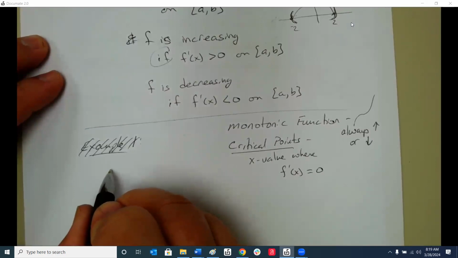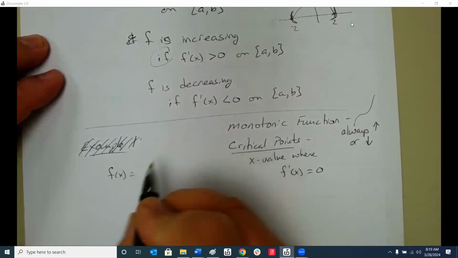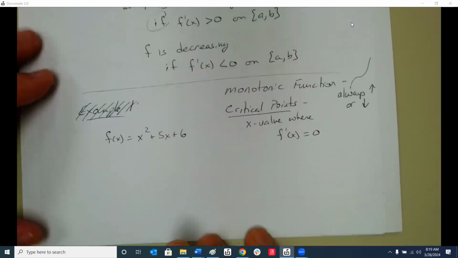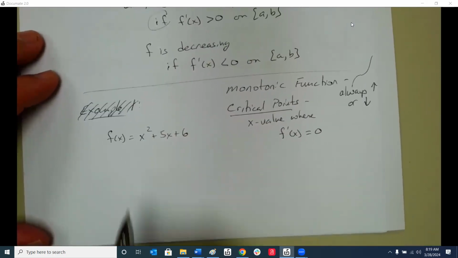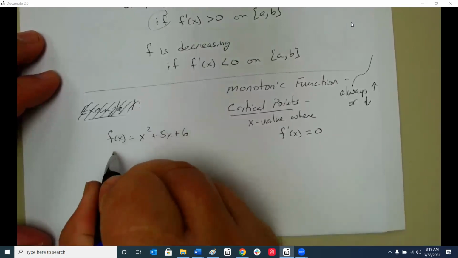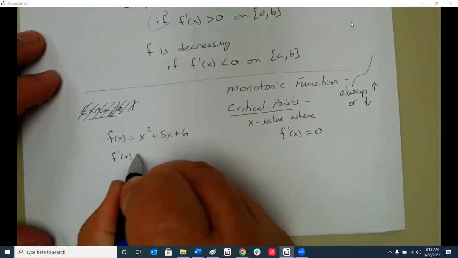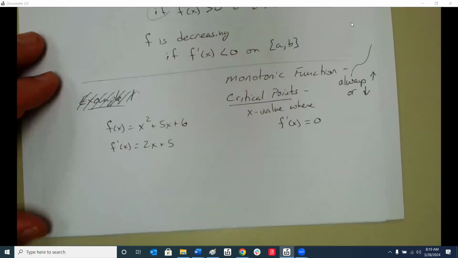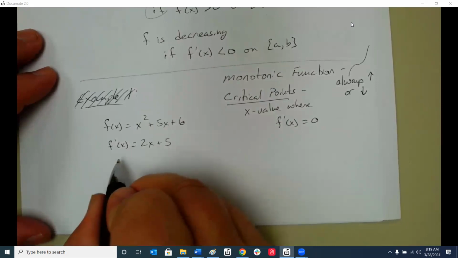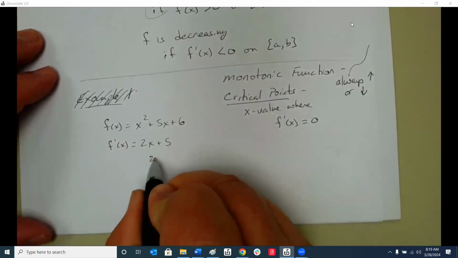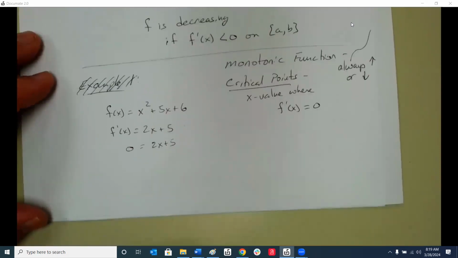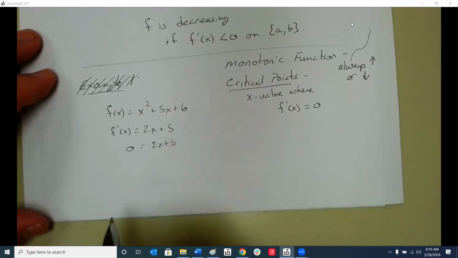Let's say we have a function x squared plus 5x plus 6. We find the first derivative and set it equal to 0. What do you think we do next? Solve for x.